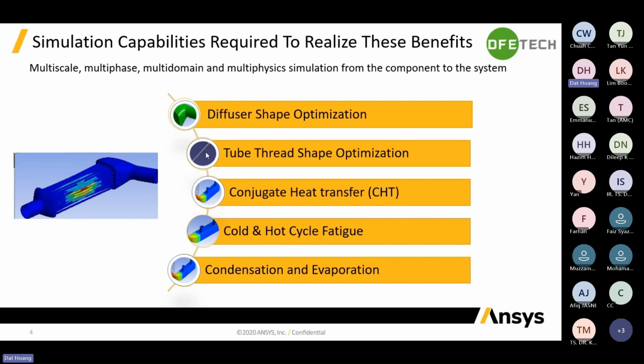Each of these will be a separate session in the following slides, so we'll talk about it later, but I just want to highlight the capabilities here. We need conjugate heat transfer, which means involving fluid and solid heat transfer in just one simulation.